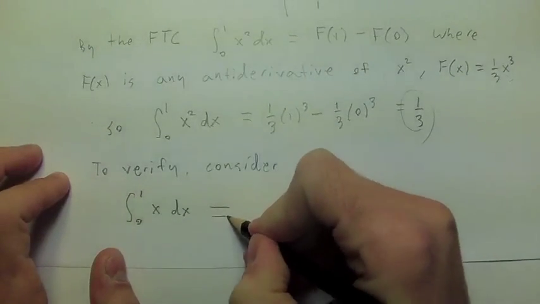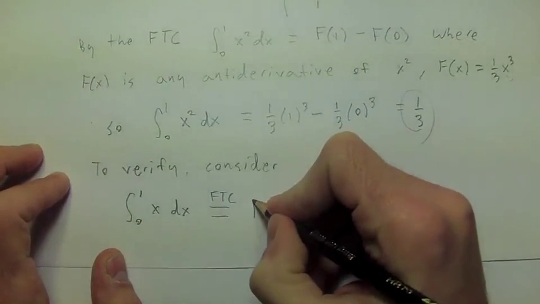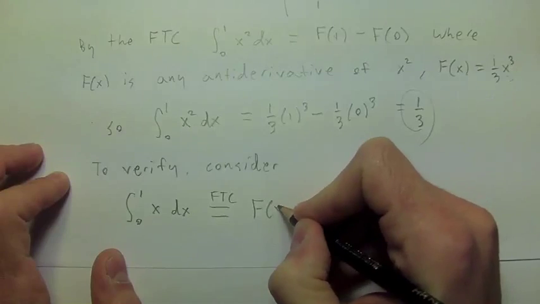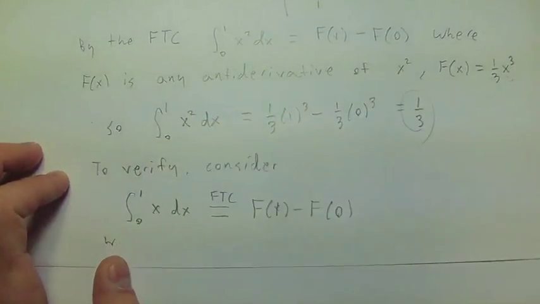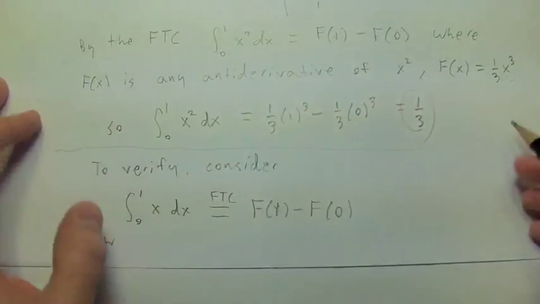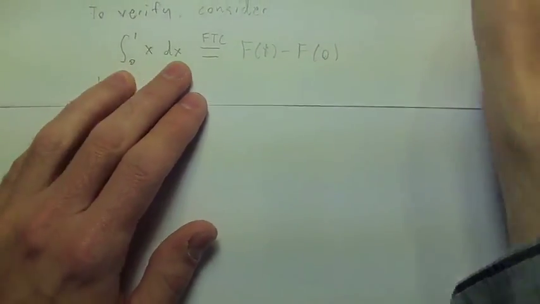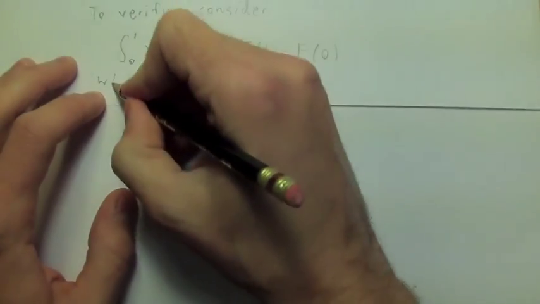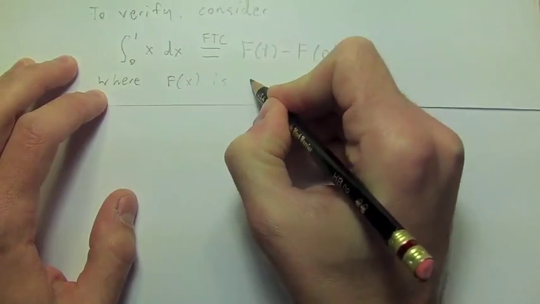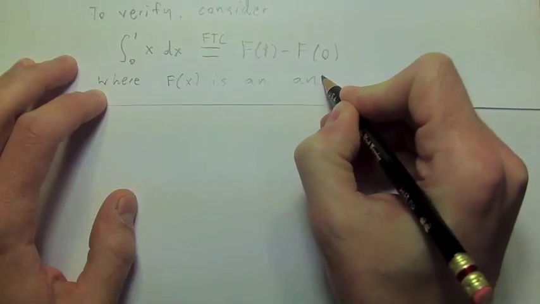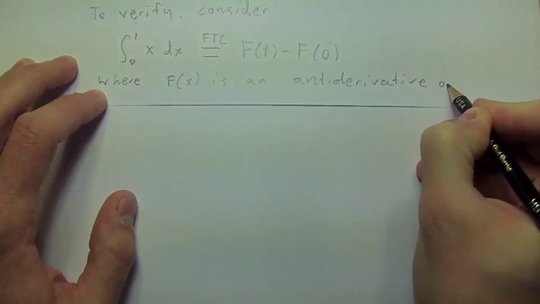Now, by the fundamental theorem of calculus, I know that this is going to be capital F of 1 minus capital F of 0, and here, not to be confused with the f's up here, capital F of x is an antiderivative of x.